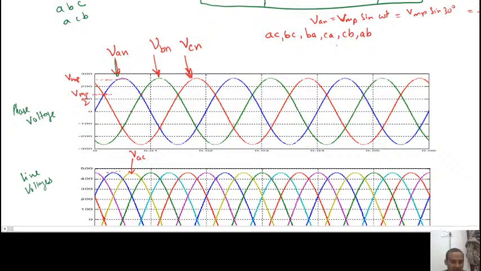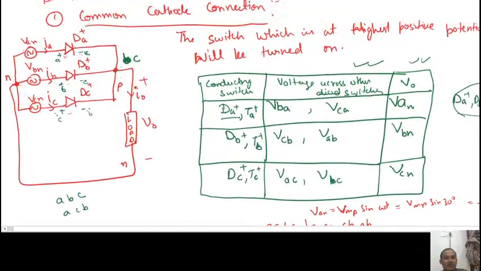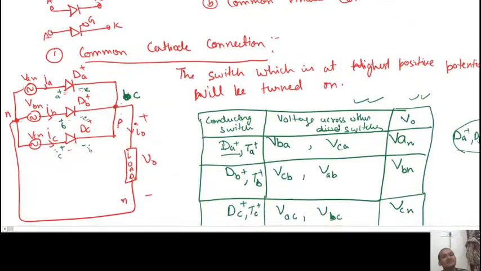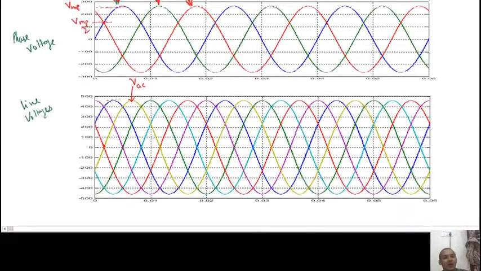So just see, after AC, 60 degree lagging. What is 60 degree lagging voltage? You can see here that in AC and BC there is the difference of 60 degree, and in BC and BA there is a difference of 60 degree, means each line voltage is 60 degree apart.